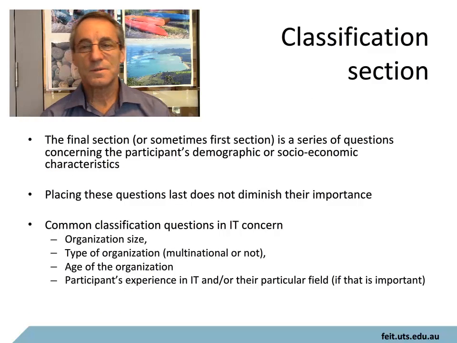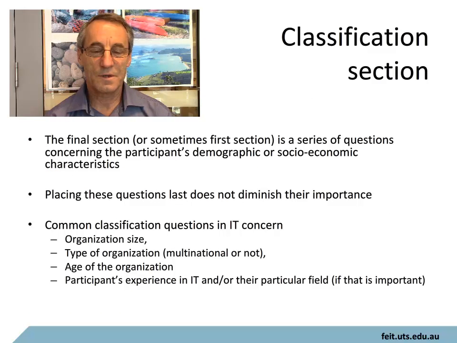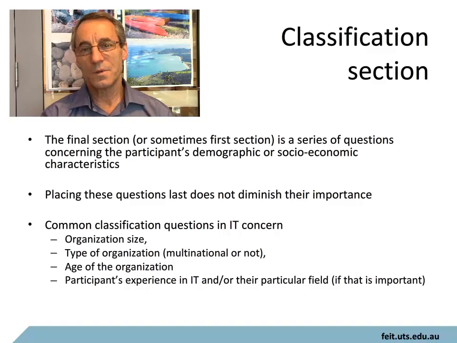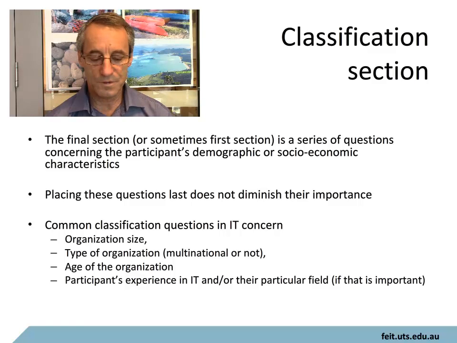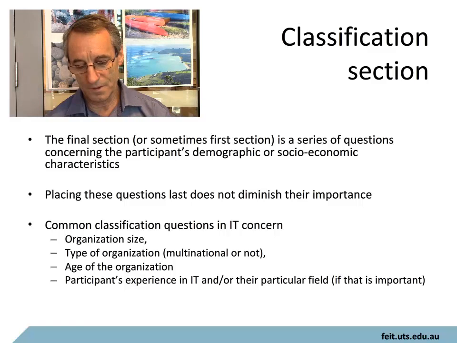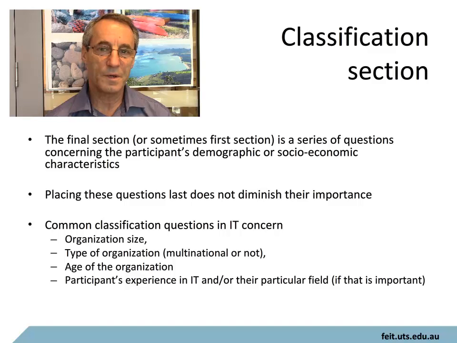Now the classification section you should have in your survey. Most people will have it. Sometimes called the demographics. It usually comes either at the beginning or the end, not usually in the middle. These are questions you might ask about the participant or the organisation, so that you've got some idea how it fits into the general scheme of things.